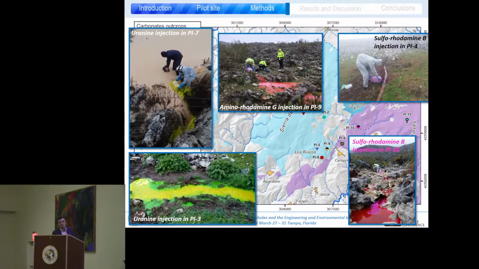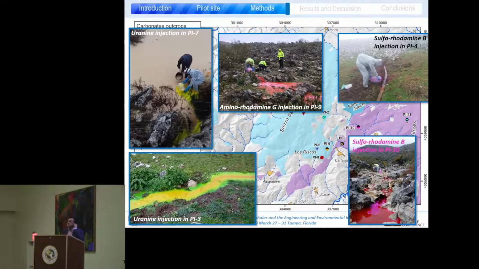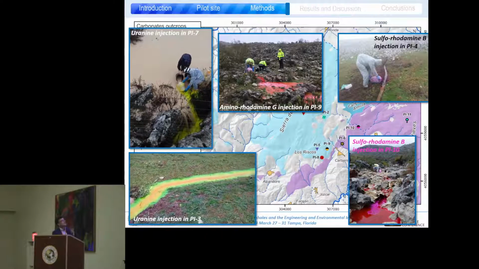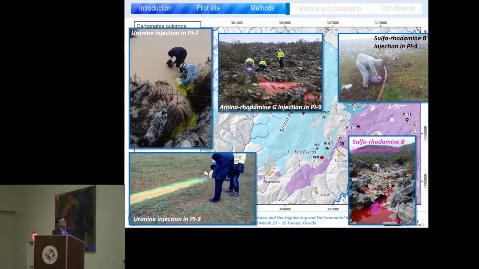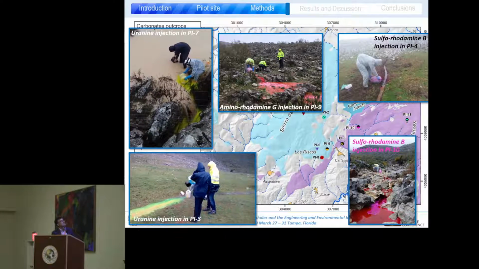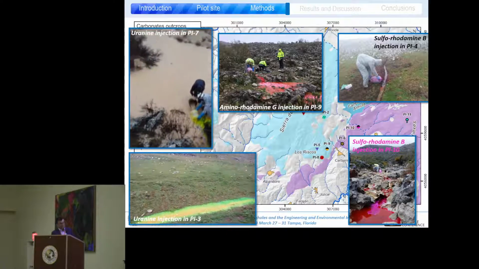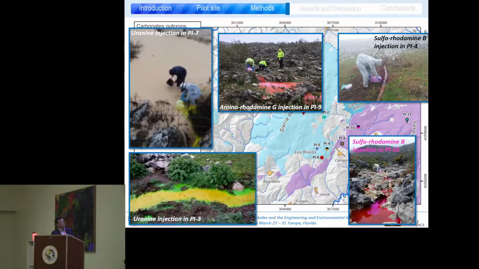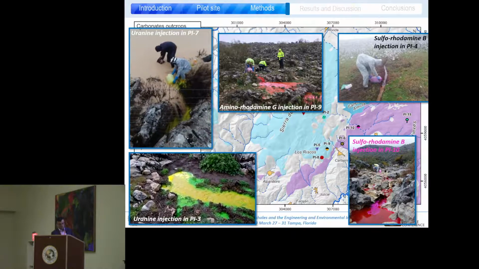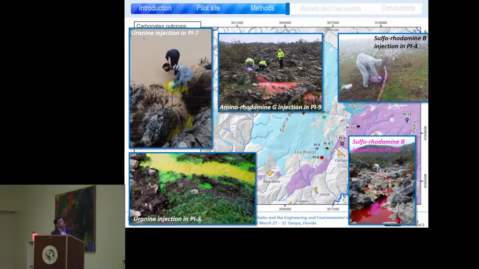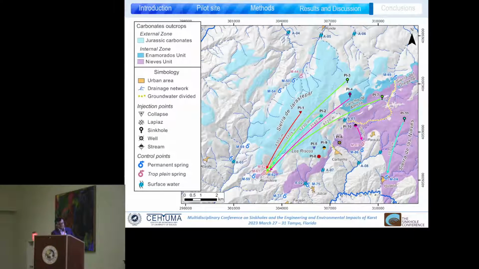We have done around 7 dye transfer tests at different places, and most of them show results coherent with the response we have deduced from the hydrodynamic and hydrochemical standpoint. And this is the picture. You can see most of the tests demonstrate the connection with these overflow springs.